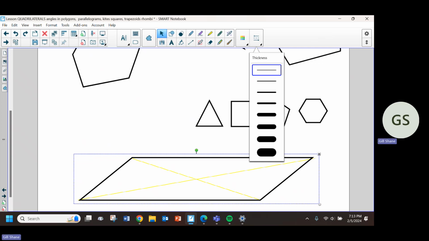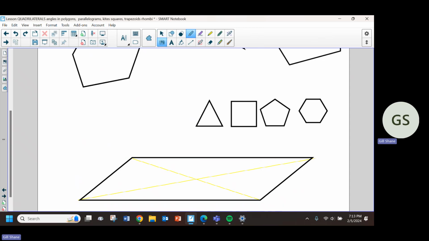Now, if you're not sure if a shape is a parallelogram, like if they're asking you, can you prove that this is a parallelogram, the diagonals bisecting each other also proves that it's a parallelogram. So that does prove it's a parallelogram.